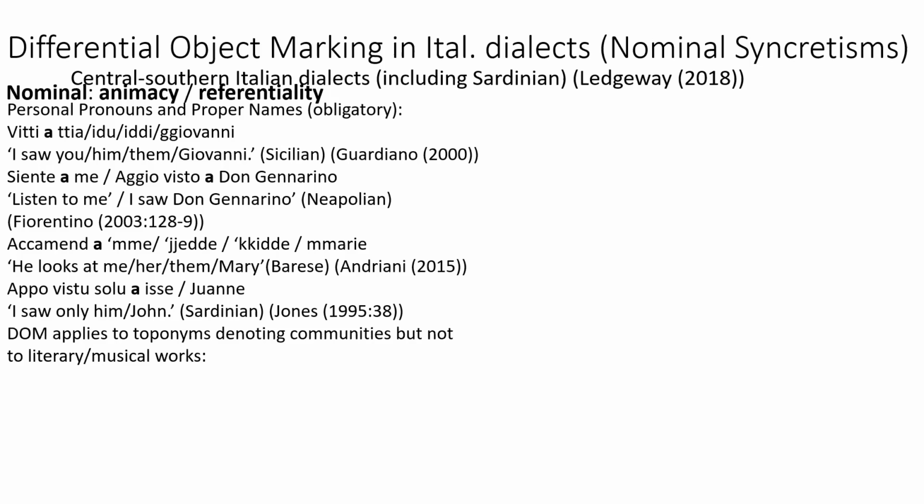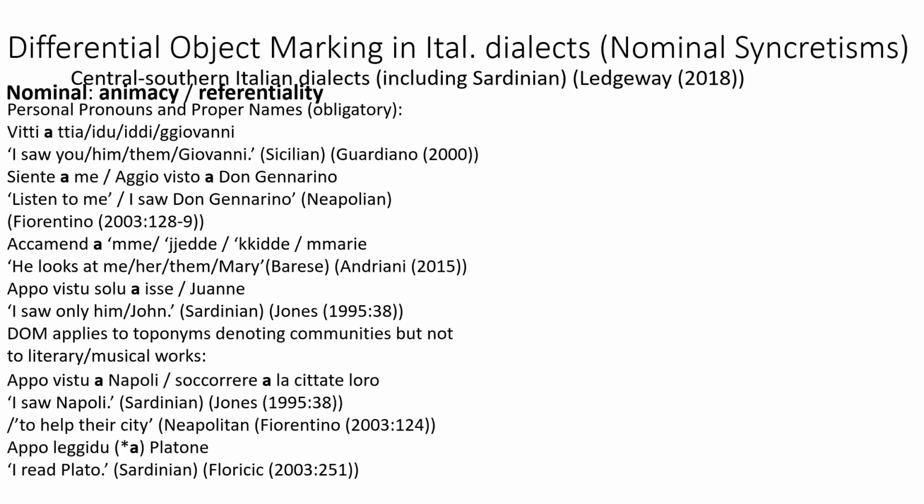DOM also applies to toponyms, denoting communities and places, but not to literary works. So, for example, in Sardinian and Neapolitan, it's possible to say apo visto a Napoli or soccorrere a la città del loro, etc. But we cannot say legitu a Platone, I read Plato.